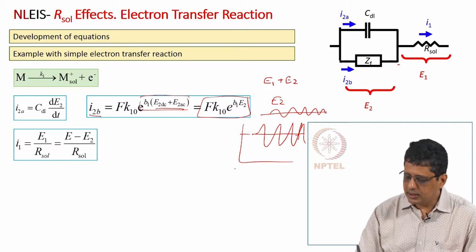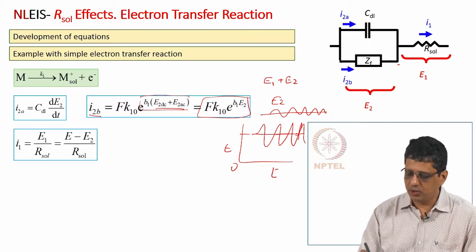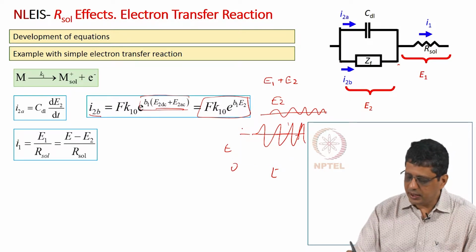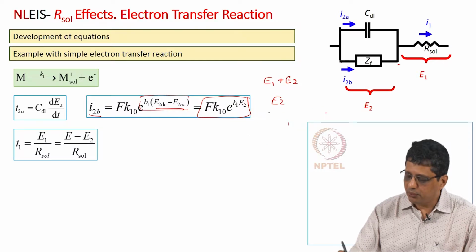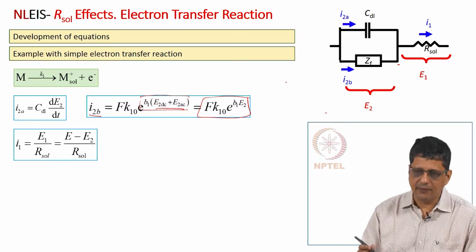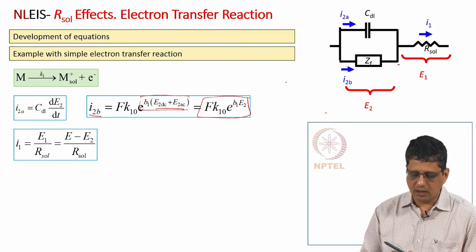We will say that this is E, this is T. The average value is what we would take as DC, and the value that is fluctuating we would call AC. And then of course, we have to employ Fourier transform to calculate what is the response at the fundamental, what is the response at other harmonics, etc.